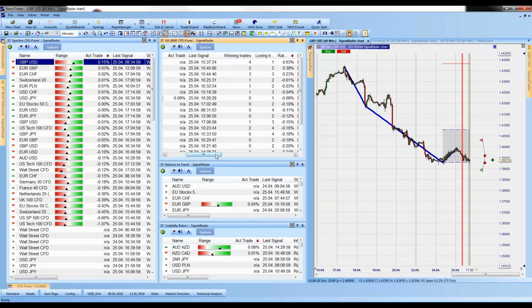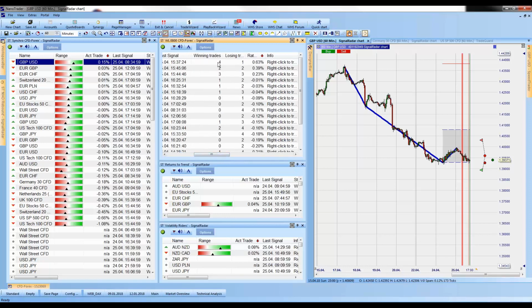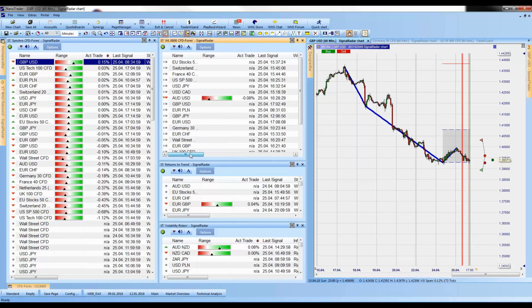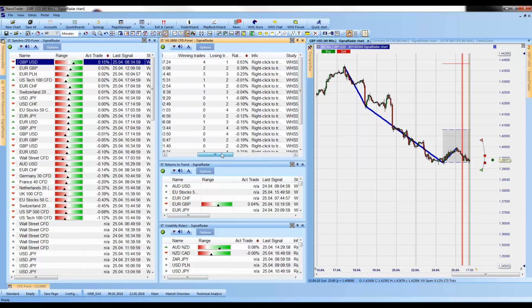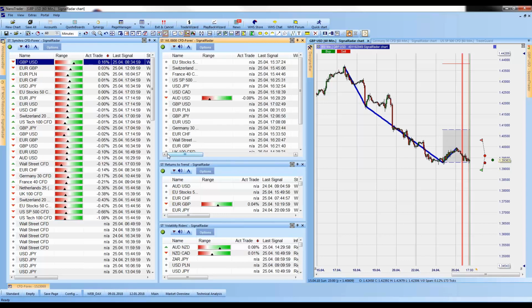It will show you on all the list of instruments the number of winning trades, the number of losing trades, and the percent return per instrument. If you would trade all trades and all instruments, then this would give this particular return today for this particular strategy. But it goes beyond what is a good strategy, what is a bad strategy. It's much more useful.